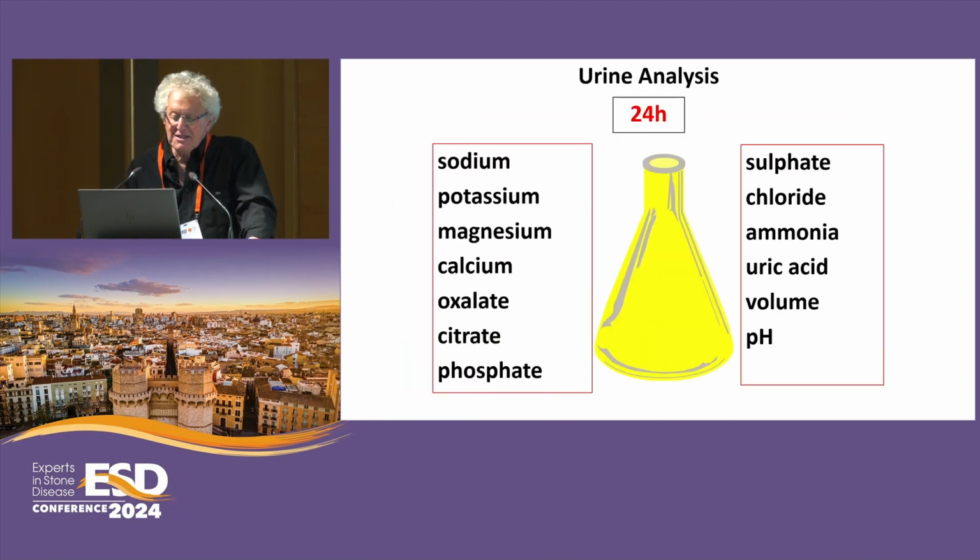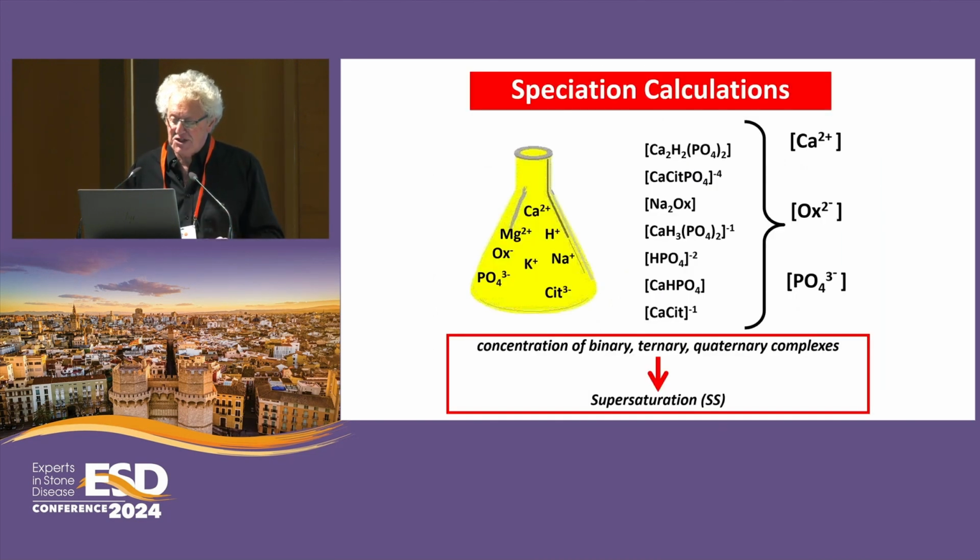So in a typical urine analysis, this is what we analyze for, and we get these values. But that's not really what we are interested in as far as the supersaturation is concerned, because in the urine are all these complexes that are shown next to the urine bottle.